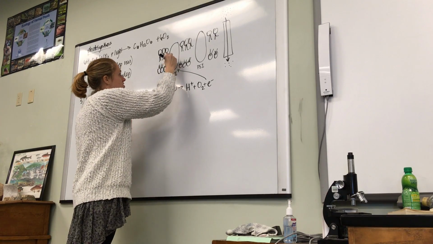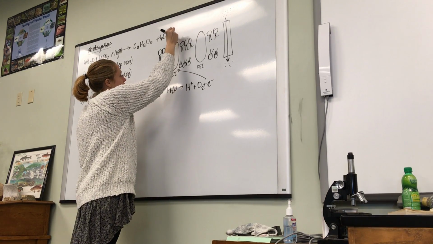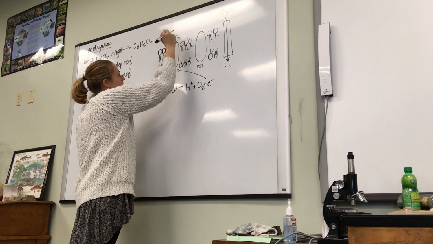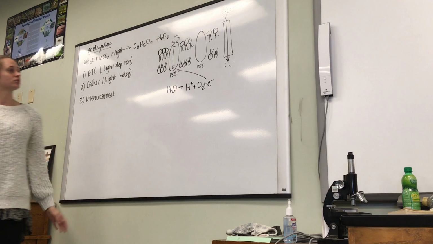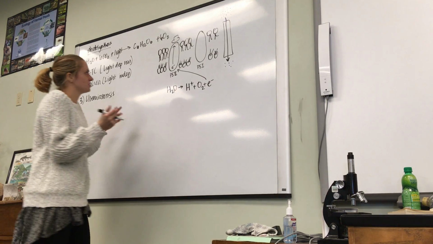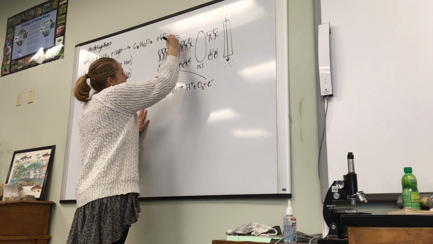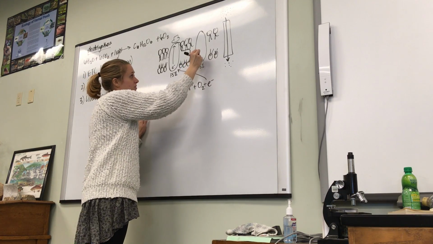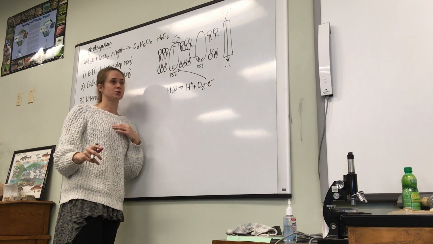So the electrons are going to jump up to an electron acceptor. I'm going to draw it as a little hat. But the electron acceptor only holds it for a second, and as the electron starts to lose energy, the electron acceptor is like, I don't really want you anymore. So the electron gets dropped to the second photosystem, which just so happens to be photosystem 1 in this situation.